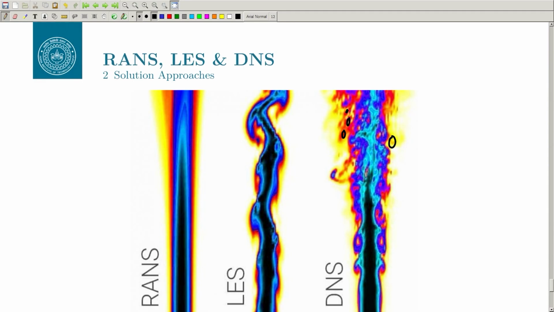In the LES you are resolving the larger scales, and it is unsteady, but you are not resolving very small scales as you are doing in the DNS. Therefore, the requirement of grid size is highest in the DNS, smallest in the RANS, and in between you have the LES.